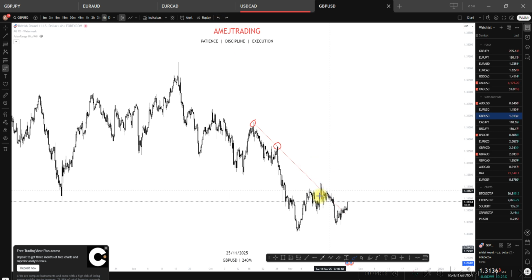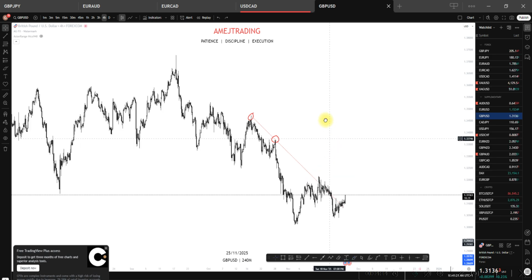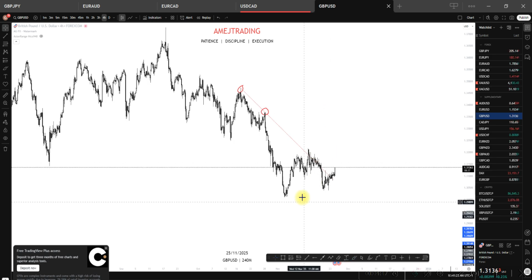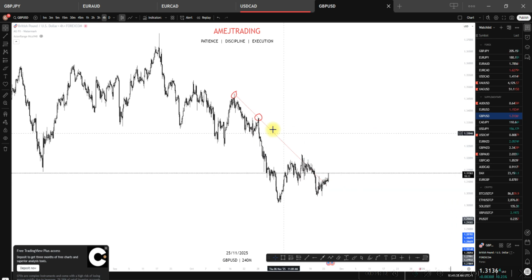You don't just sell because price is touching your marked resistance or support. You must sell or buy from a resistance or support level, as the case may be, when price gives you the confirmation. When price gives you the confirmation to do that.